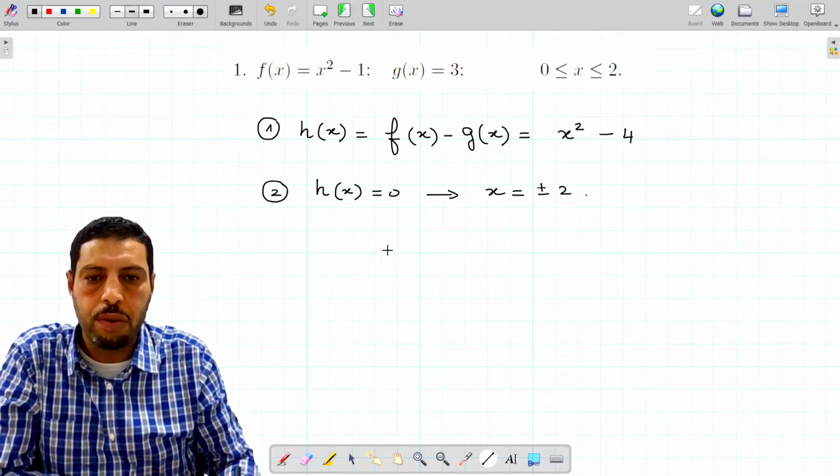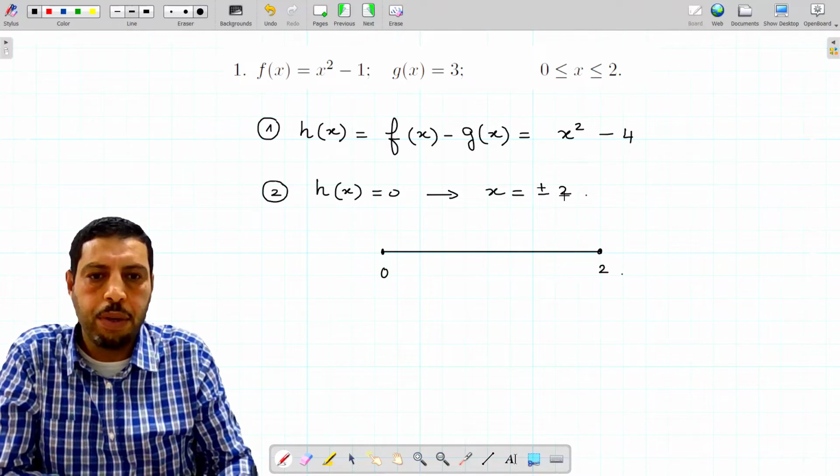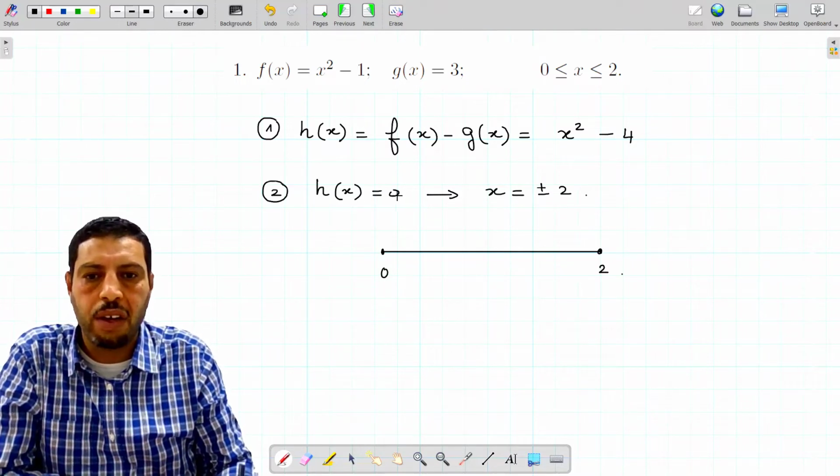Then you draw your interval, which is 0, 2 in this case, and you put the solutions of h of x equals 0 inside this interval. For the first one, which is negative 2, it's outside our interval, so we don't care about it.